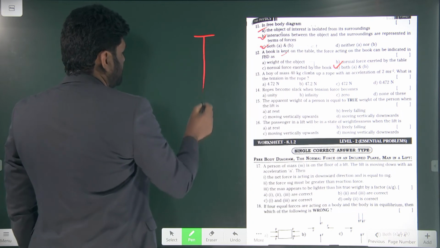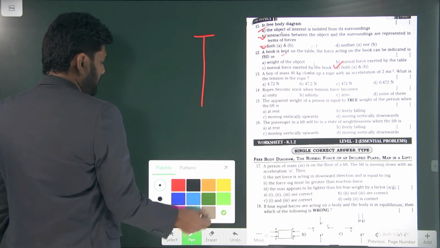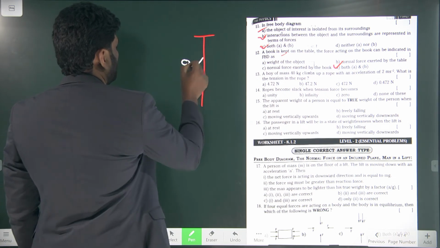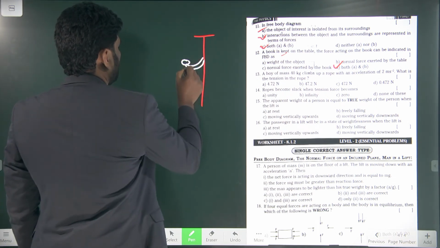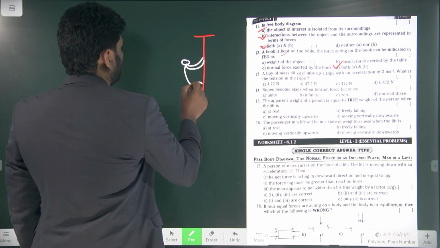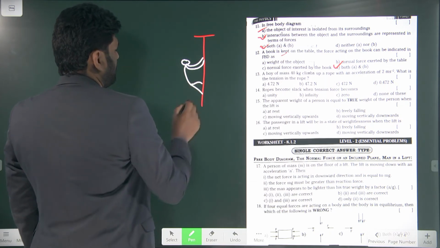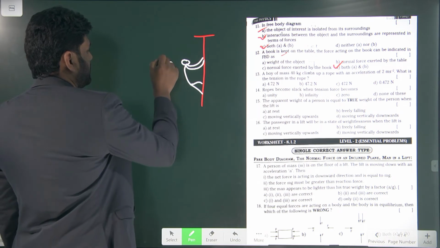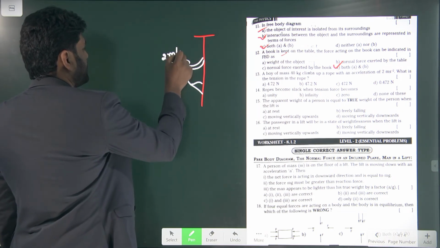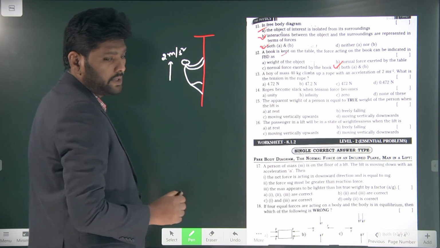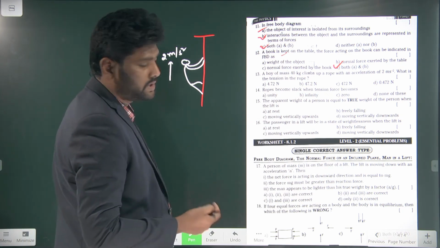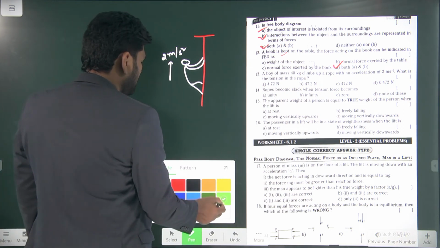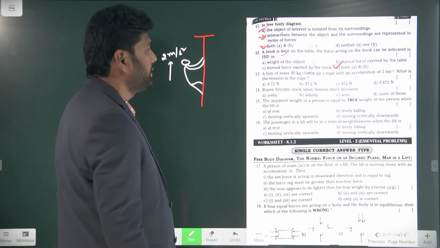Imagine this is a rope, and a boy is climbing. He is accelerating with 2 meters per second squared. What is the tension in the rope, they are asking?